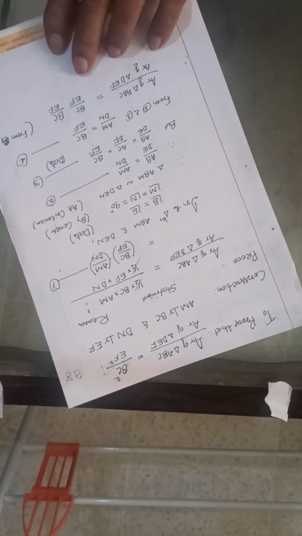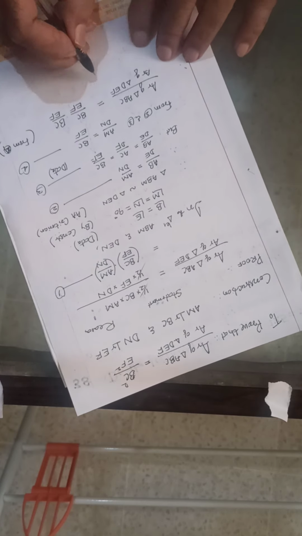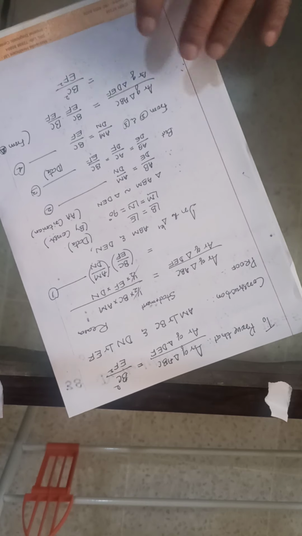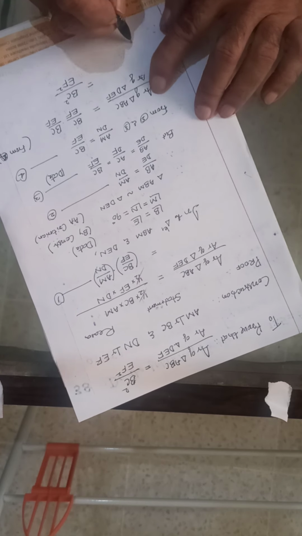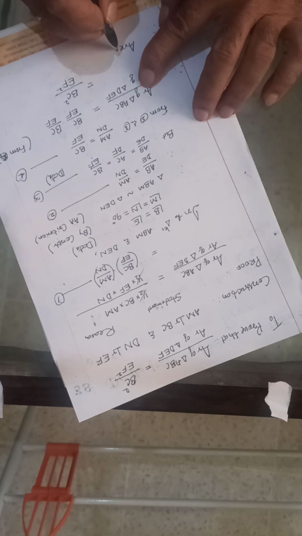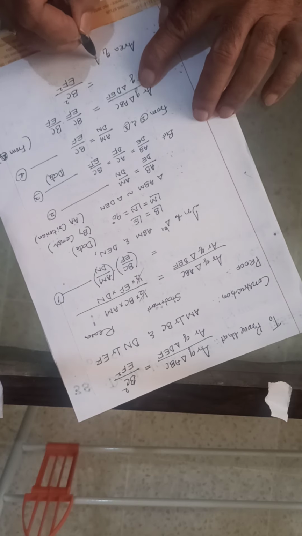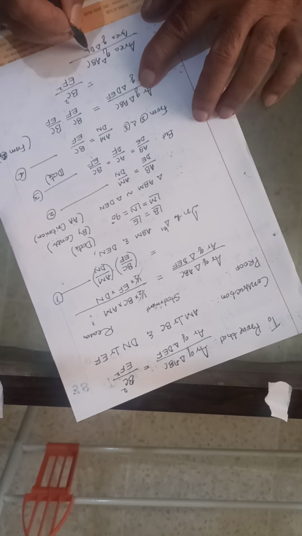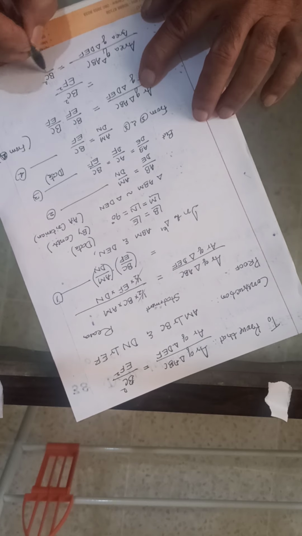Therefore this is equal to BC into BC, BC square, over EF into EF, EF square. Therefore, the area of triangle ABC over the area of triangle DEF is equal to BC square over EF square.